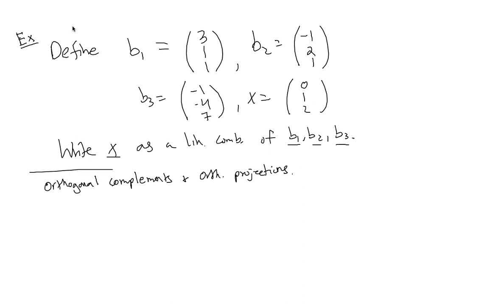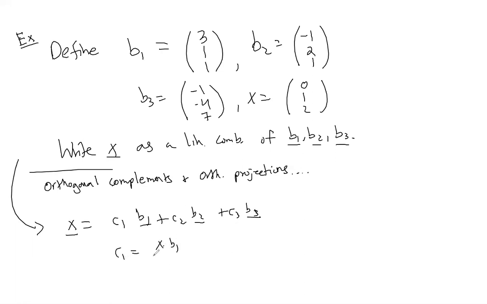Okay, let's go over this briefly. All you need to do is compute the coefficients, and we already have a formula for that. So you just want X equals C1 B1 plus C2 B2 plus C3 B3. And we have a formula for each of these coefficients. C1 should be X dot B1 over B1 dot B1.